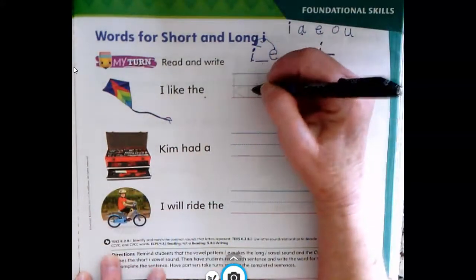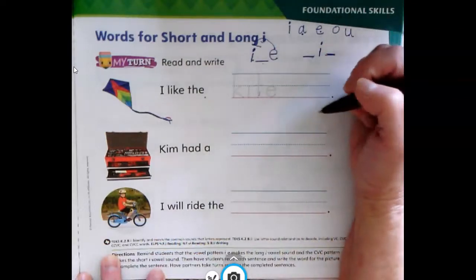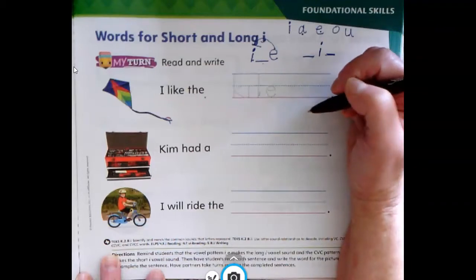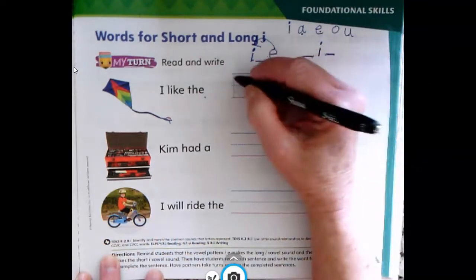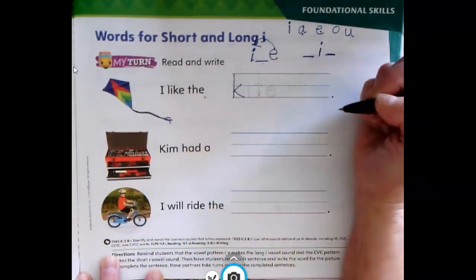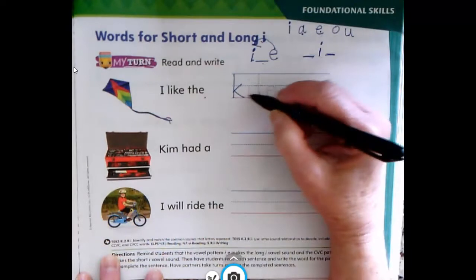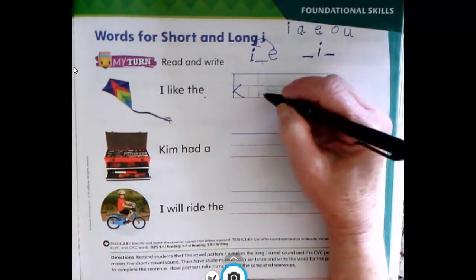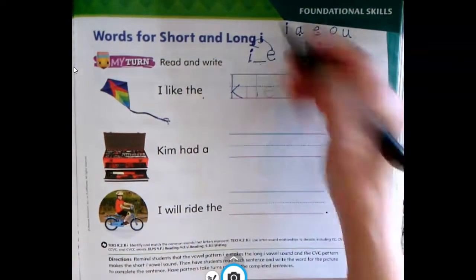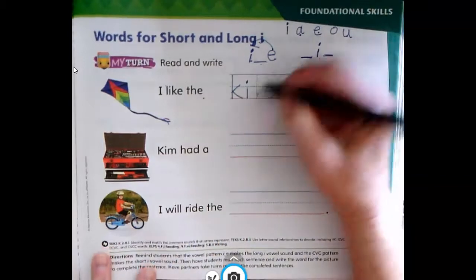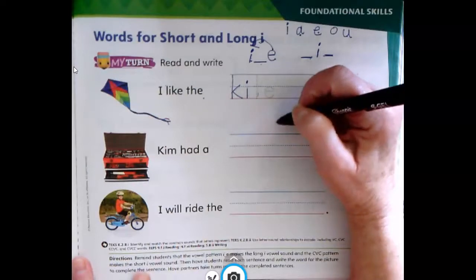Now, the word kite begins with the k sound, which could be the letter C or the letter K. They both make the k sound. Kite begins with the consonant K. We have the I sound. I. T. Now, I has the long I sound. So, we're going to write the vowel I. What is the other sound we hear in kite?